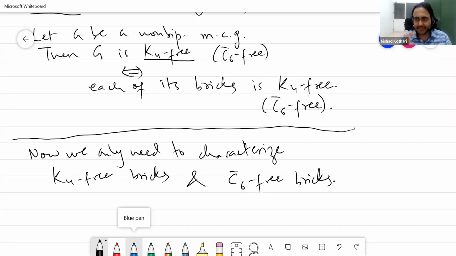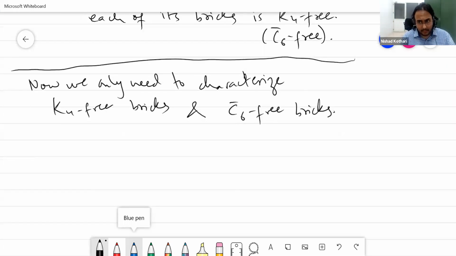Okay. And these problems are open, but we were able to solve these problems for the planar case. And so that means that by the previous theorem, we were able to solve the original problems for all planar matching covered graphs, because if your graph is planar, then all the bricks will be planar. Okay.